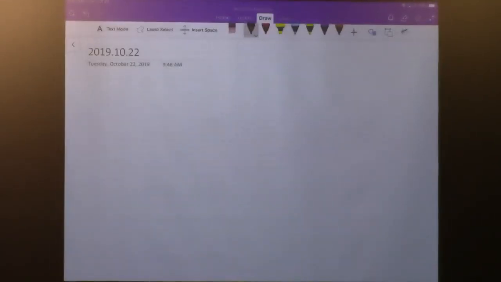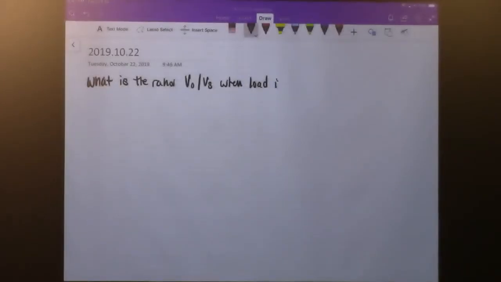Let's ask ourselves another question now. What about the case when there is a load being applied? So what is the ratio of V out over Vs when a load is present?